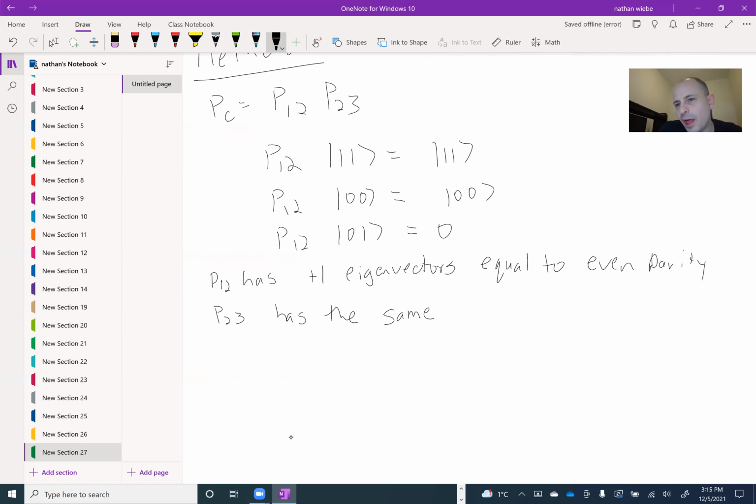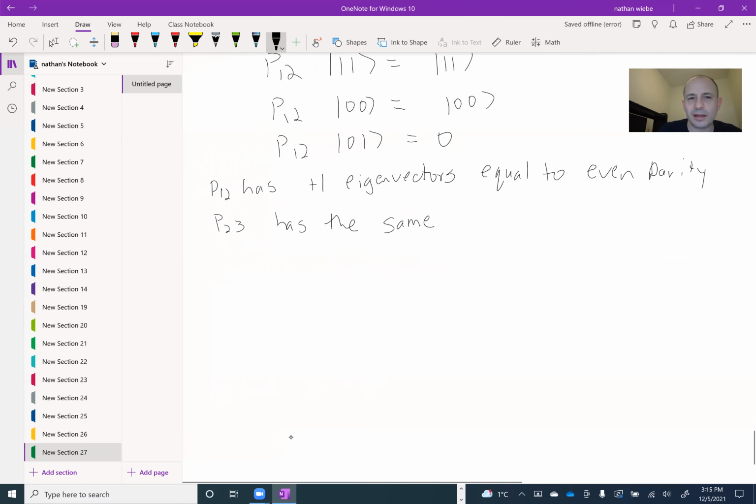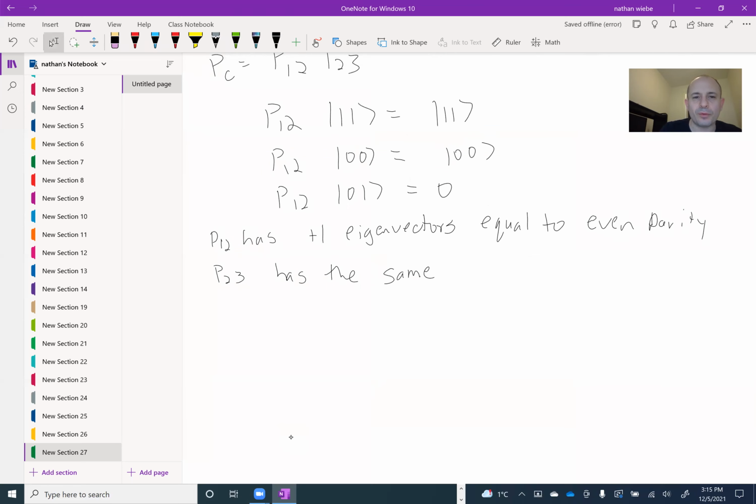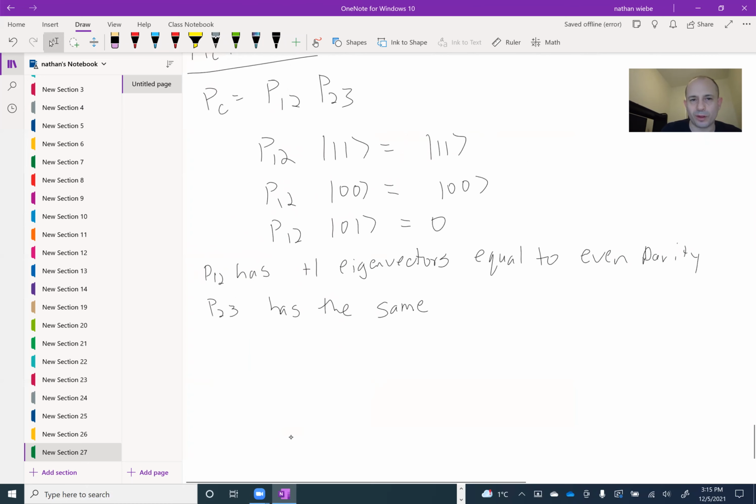So if we apply these two projectors, it's ideally exactly the same as applying PC, but the measurements that we carry out are actually going to give us more information and constrain the state more in an individual space. So specifically, let's see how this ends up working.